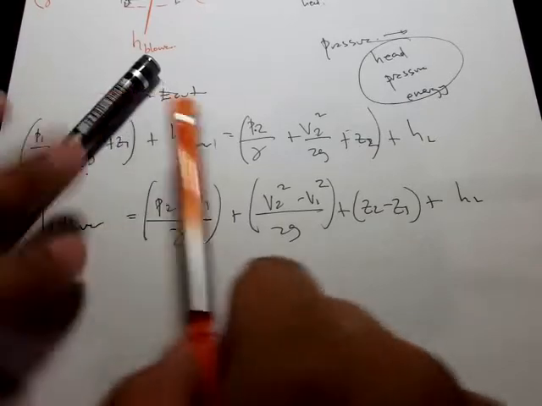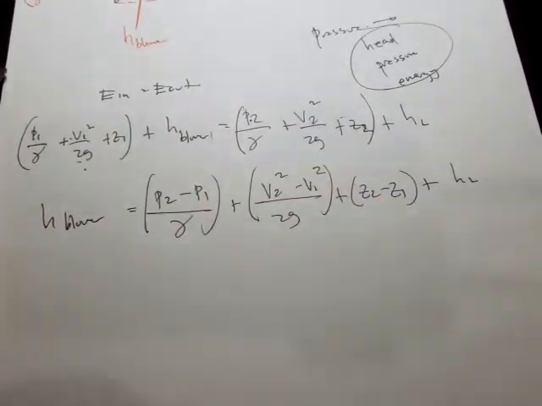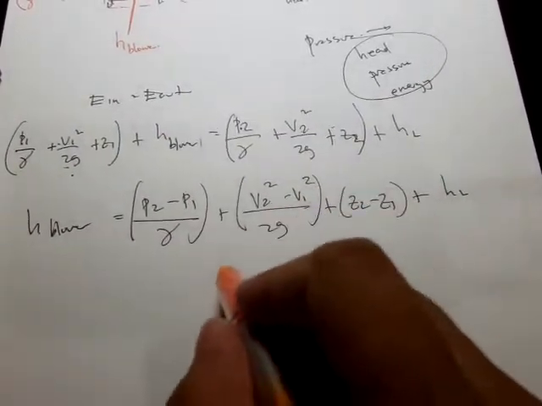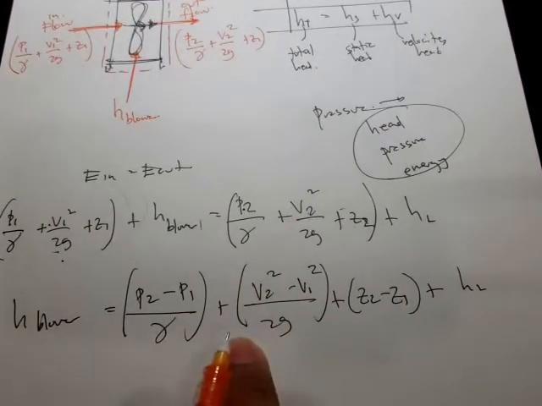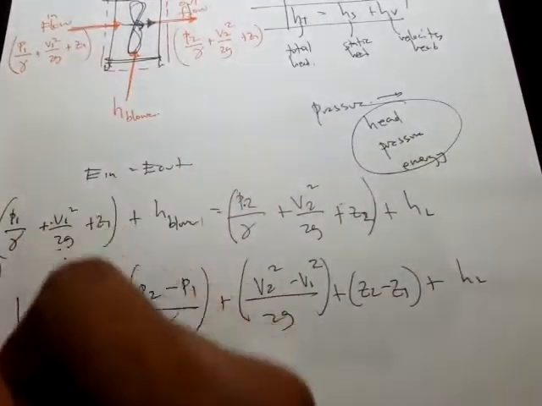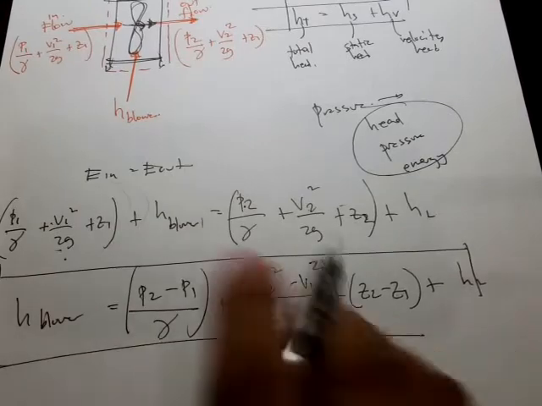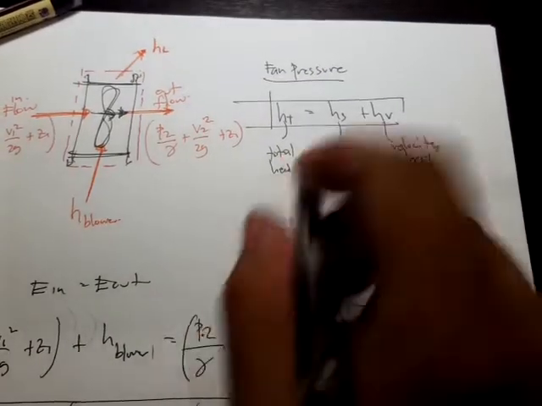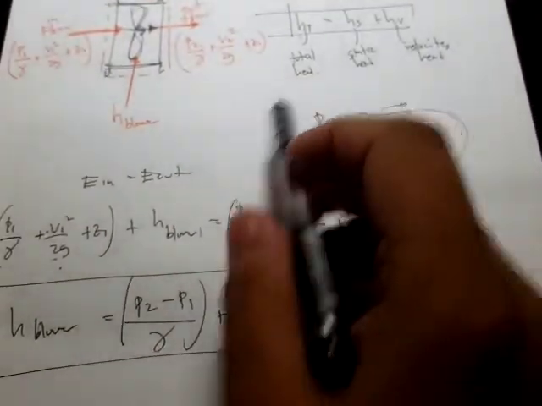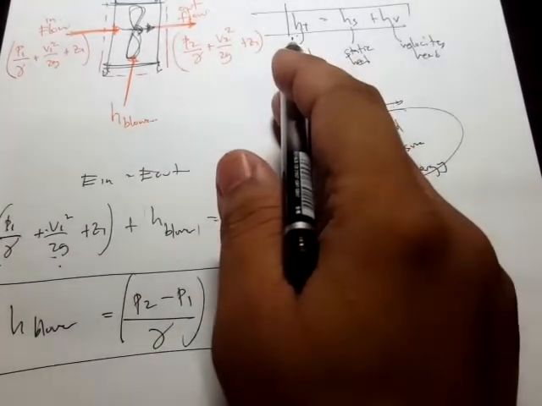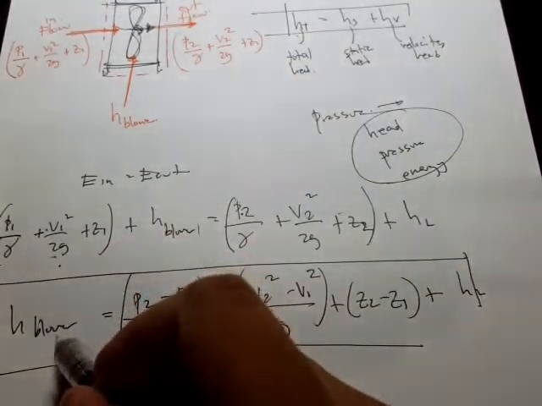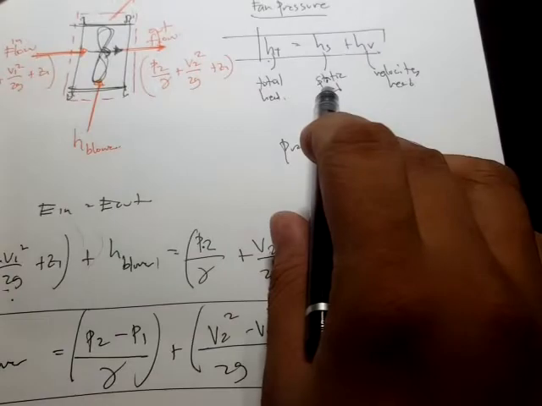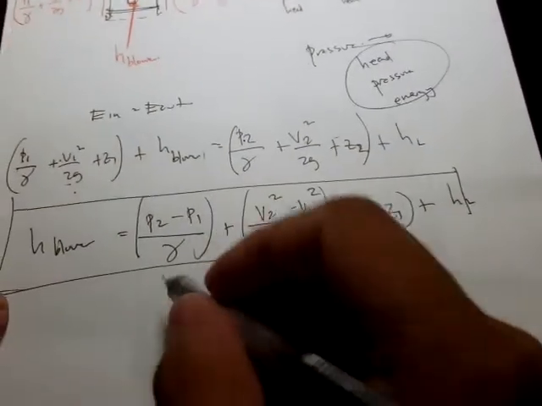this looks similar to the notations that we used right here. So when we say total head, that's actually the head for the blower, and the static head actually refers to this one.